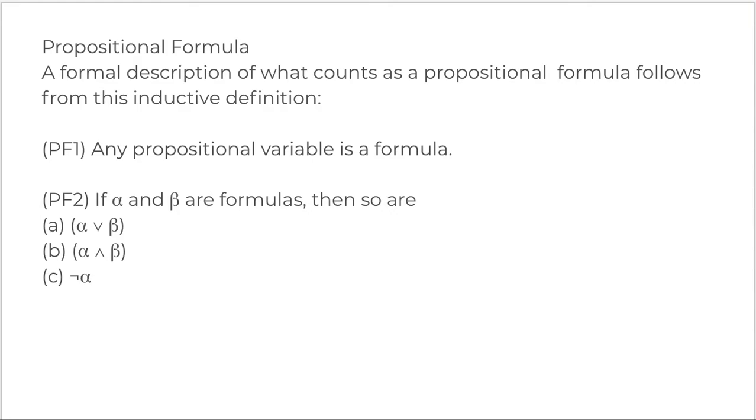So the first one is that any propositional variable is a formula, and the basic operators that you can talk about, that is if, and, or, and not, all of them are propositional formulas. Like if alpha and beta are formulas, then you can build up alpha and beta, alpha or beta, and not alpha or not beta will also be formulas.